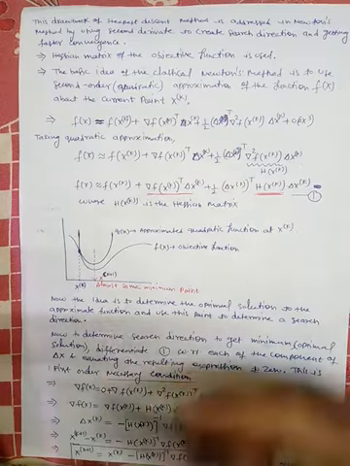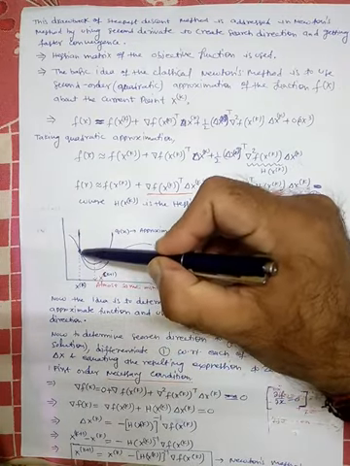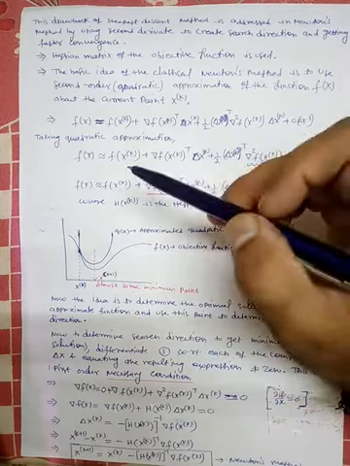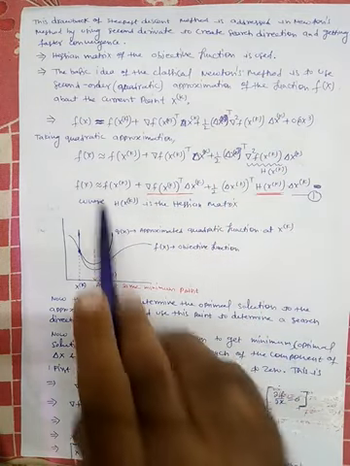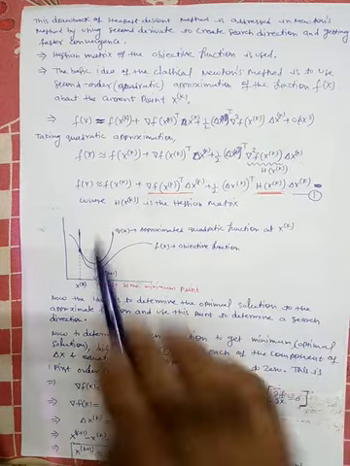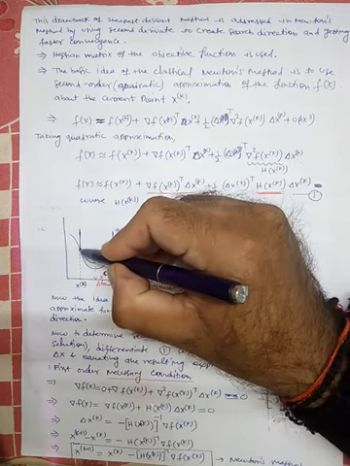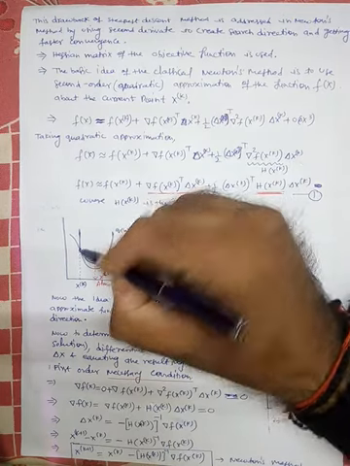Okay, so now if you take this point xk, at this point f and this both have the same value.